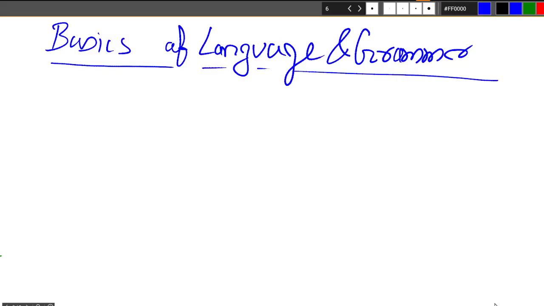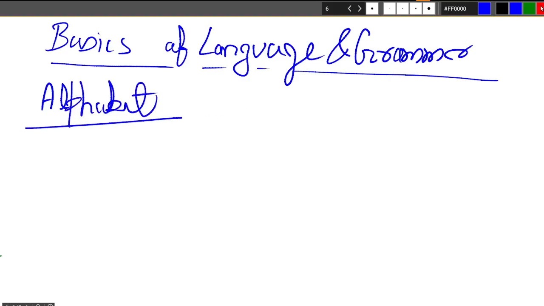So welcome all. Today we are going to see something about basics of language and grammar. So we will start with alphabet, as we have seen earlier also. What have we seen about alphabet? It is just a finite non-empty set.